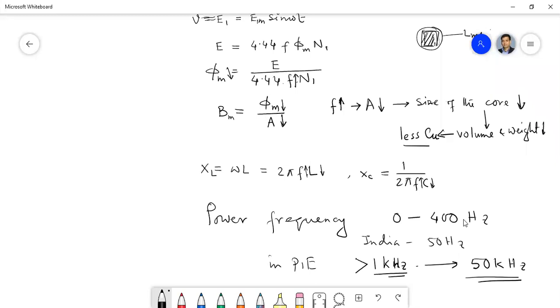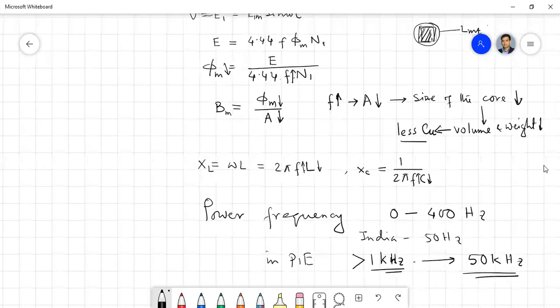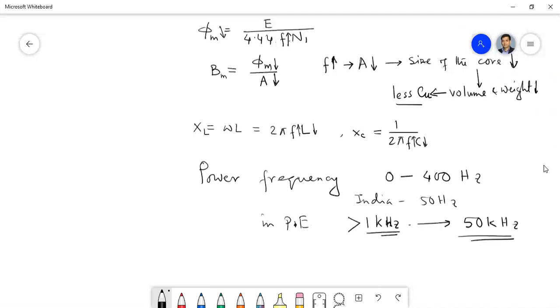So if we go for higher frequency, again we have to come back to 50 hertz, because our available frequency is the 50 hertz power frequency level.